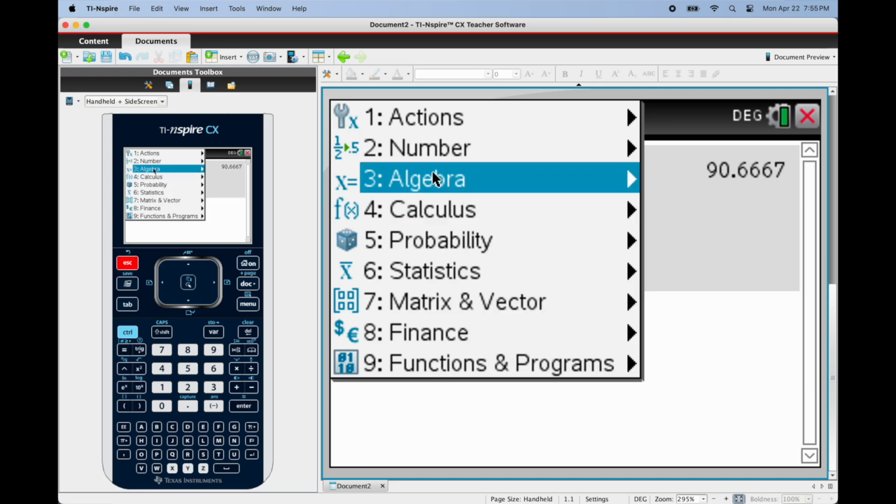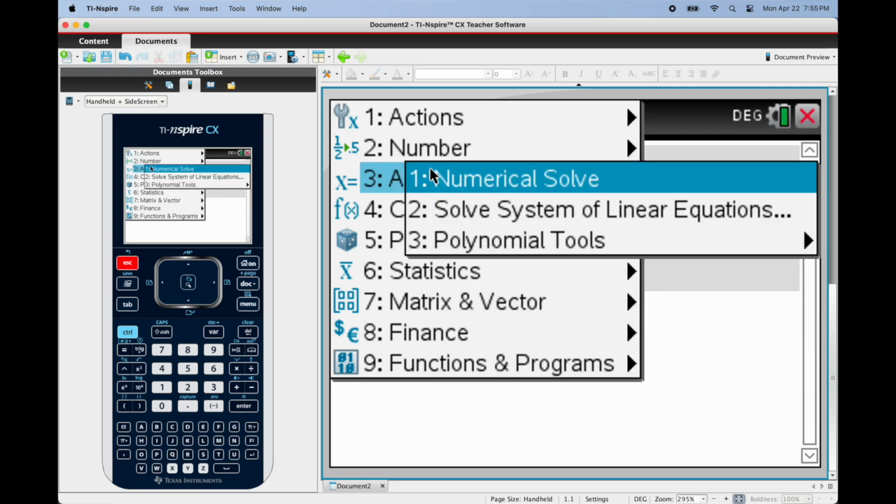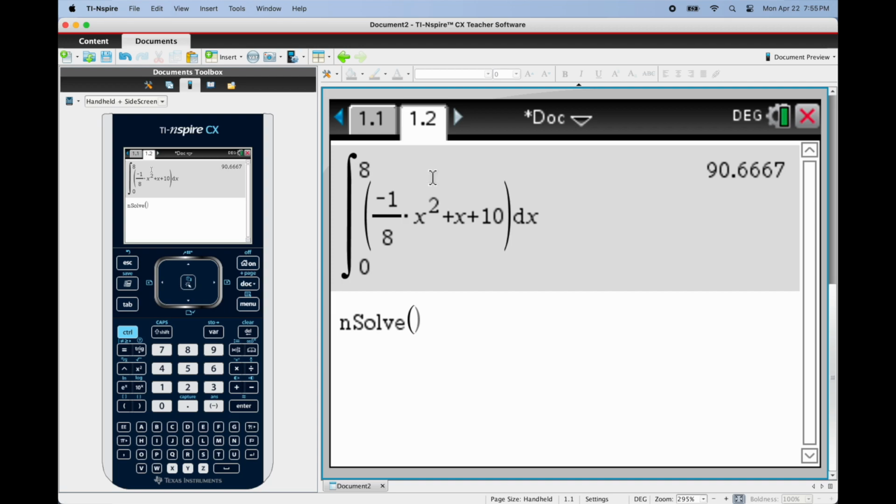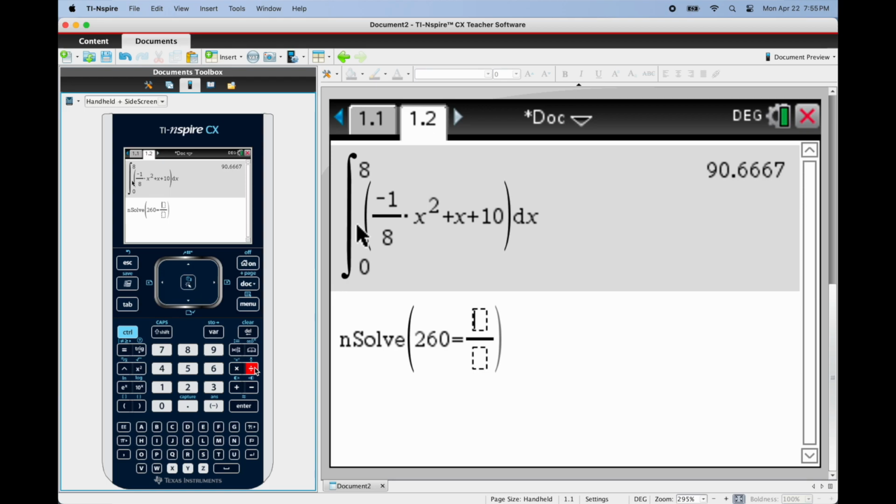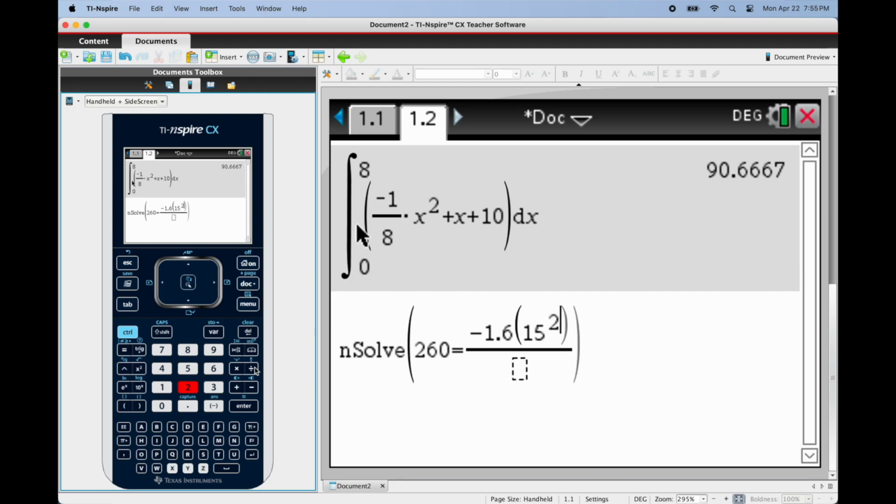Algebra, numerical solve. 260 equals, let's set this up, negative 1.6 times 15 squared all over 2, plus 48 times 15, plus c, and we want to solve for c.